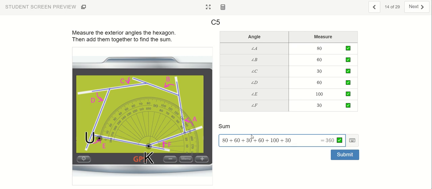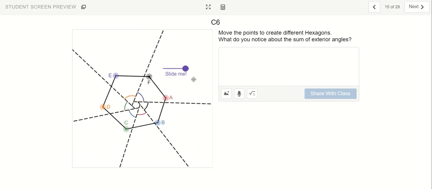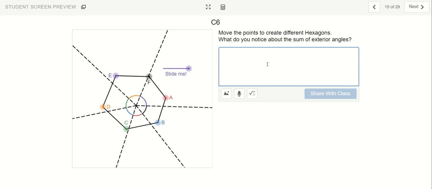Yep, looks like all the outside angles, again, I just added up all these numbers, add up to 360. Right? And again, here I have a hexagon, and notice that when I combine the corners, it still makes a circle. Okay? All right, the exterior angles of a hexagon combine to 360, or a circle.